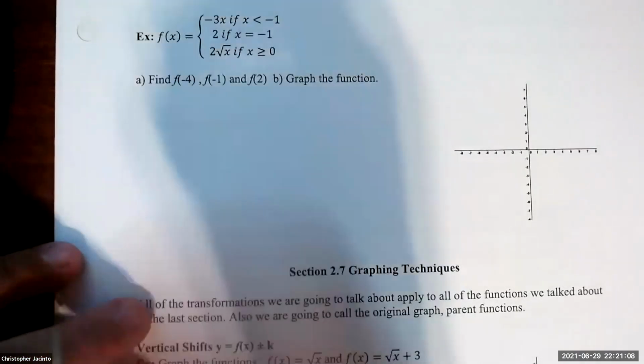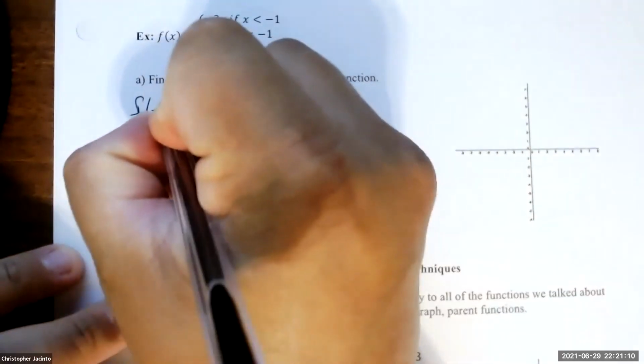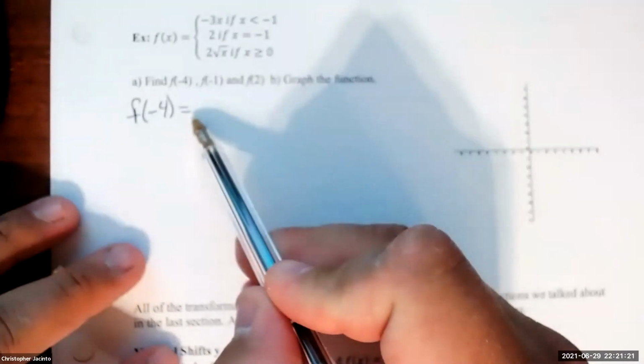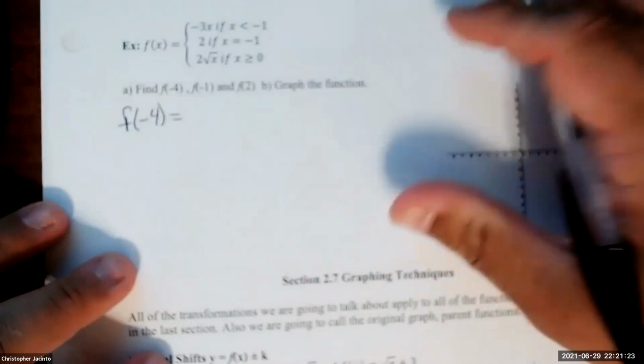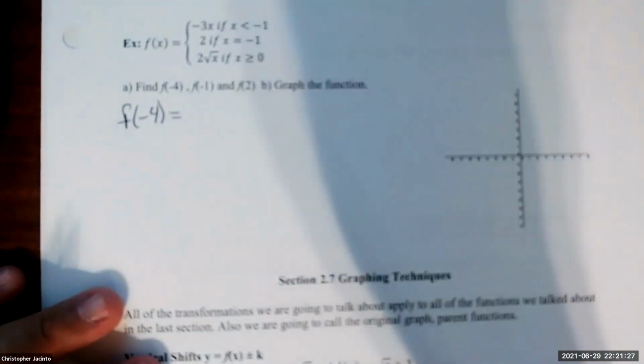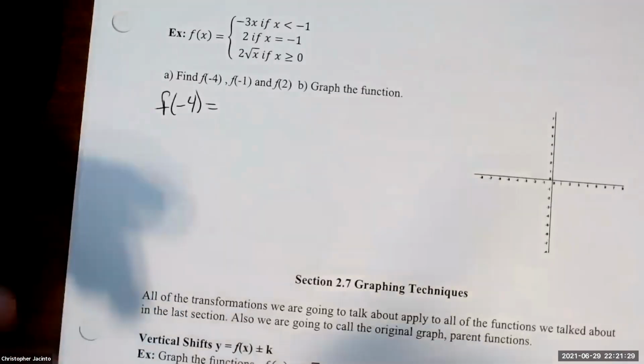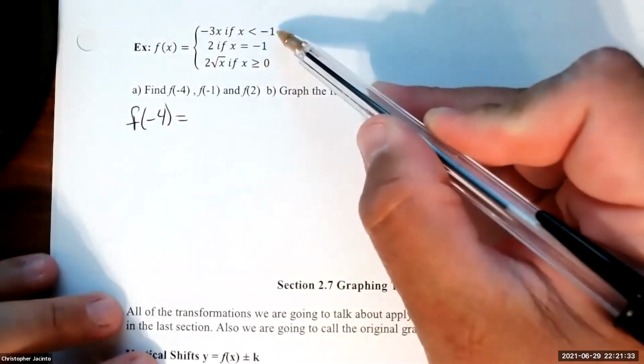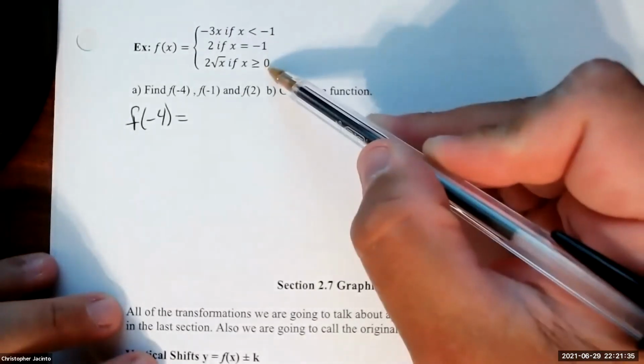Okay. So first, find f of -4. So we've got to figure out which one is satisfied when we plug in -4, right? So if I go to our scenarios here, does it satisfy the top, middle, or bottom?